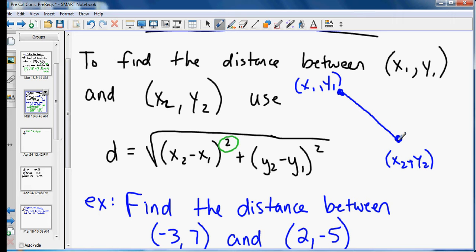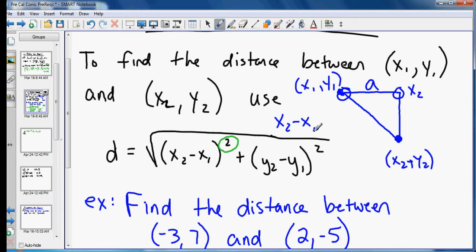Well, the great mathematicians of old realized you could actually form a right triangle from this. Because up here we have x1, and this would be where x2 is located. So this distance right here could be called x2 minus x1.